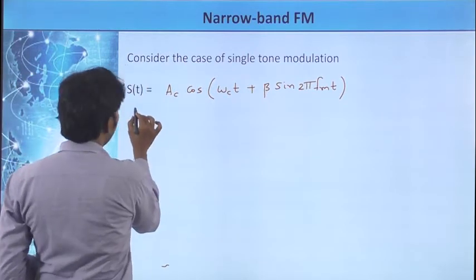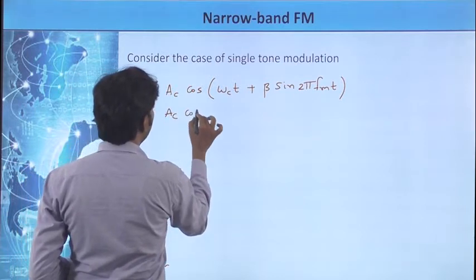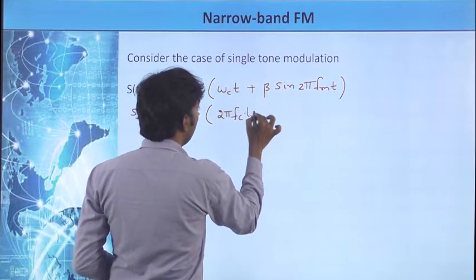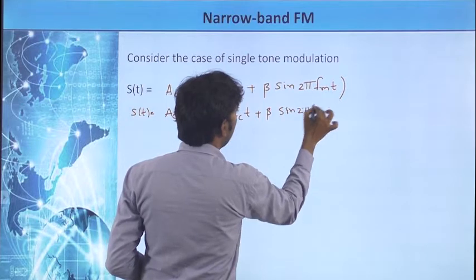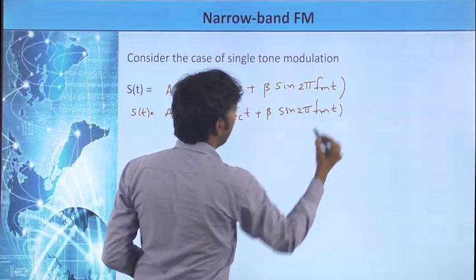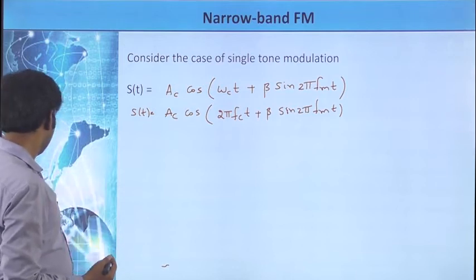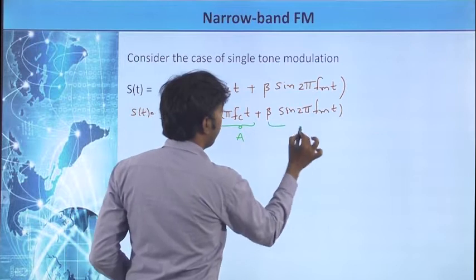Now from this, I'm going to expand this cos of omega c t plus beta sin. Now this is looking like cos of A plus B.